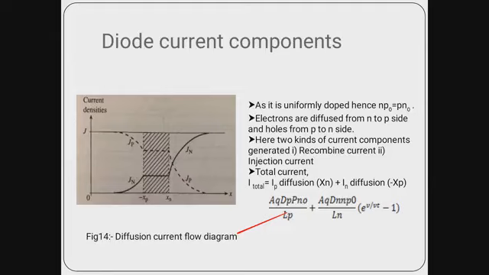Here the y-axis represents the current and the x-axis represents the distance, and this is the depletion region, where xn represents the depletion region on the N side and xp represents the depletion region across the P side.